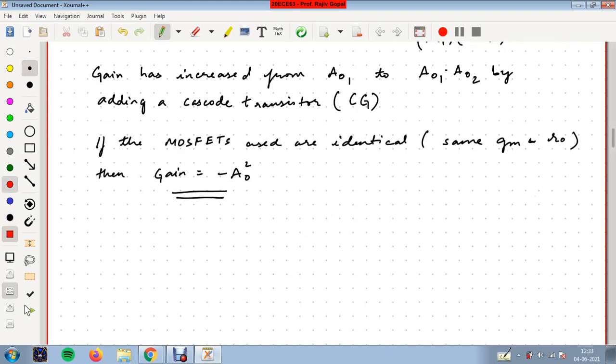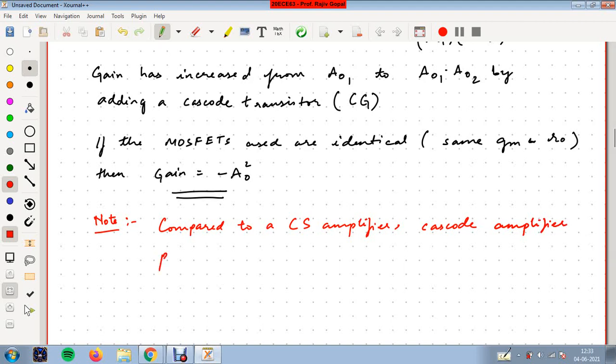So you can put a small note here saying that, compared to a common source amplifier, a cascode amplifier provides a gain of A naught square, where A naught is the gain of the common source amplifier.